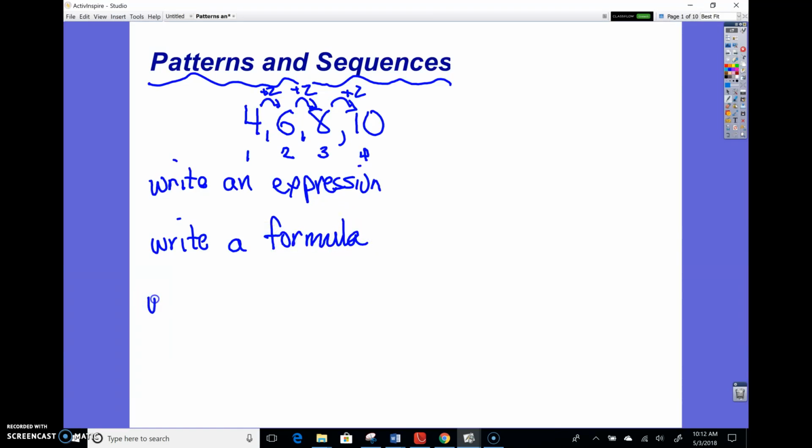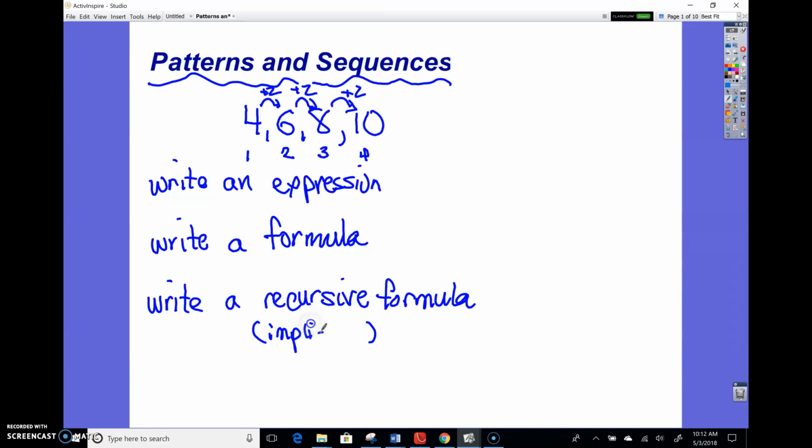Or they can ask you to write a recursive formula. Sometimes they call this the implicit formula. Okay, those are the three things, okay?